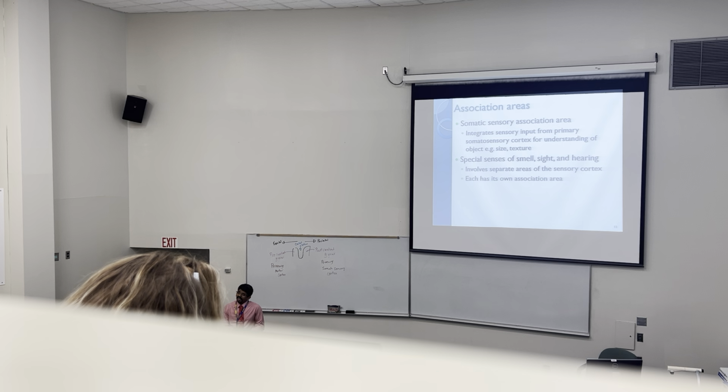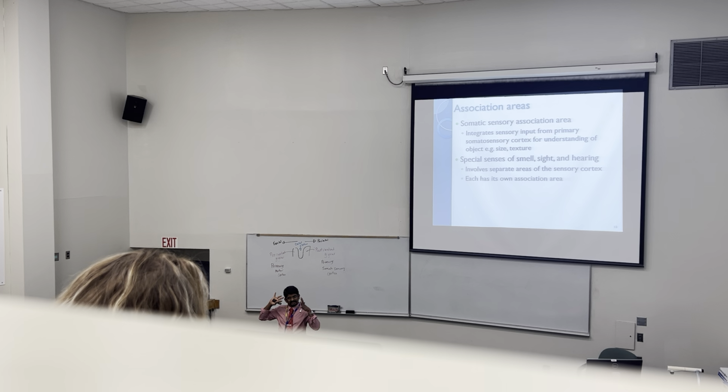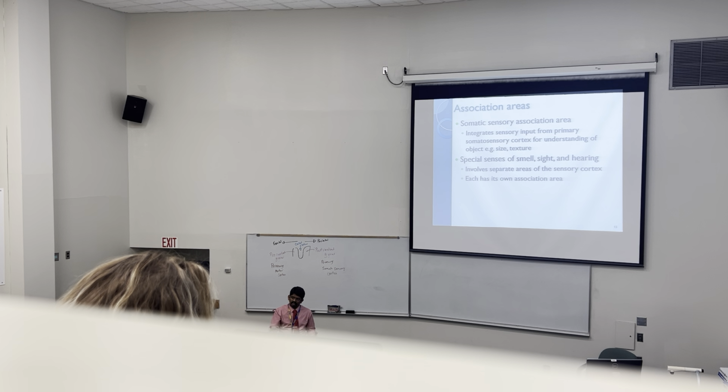But there are things we call association areas. So, for example, sense of smell, sense of hearing, all these different senses work by themselves. But when we put some things together, we need to make connections, right? For example, food, sight of food, smell of food, taste of food, right? All those information kind of need to be matched up.